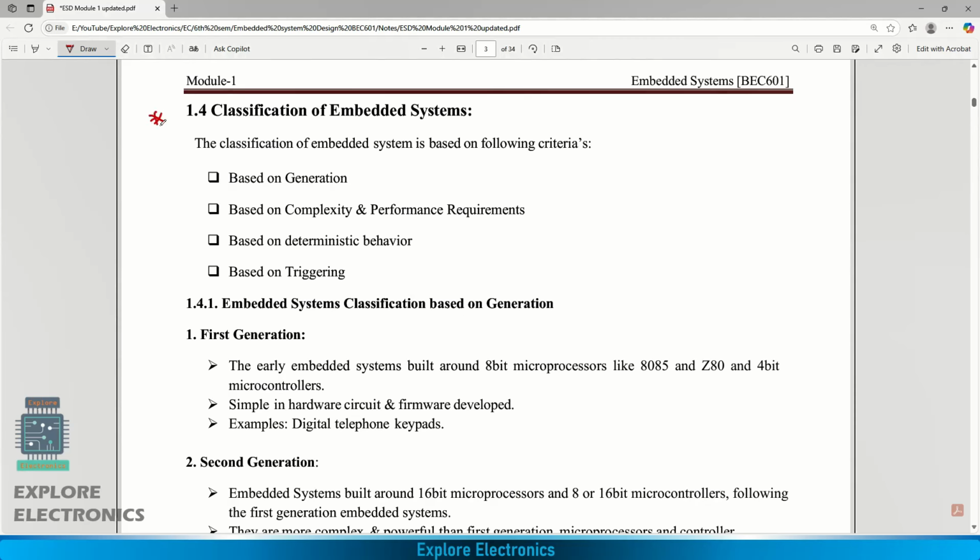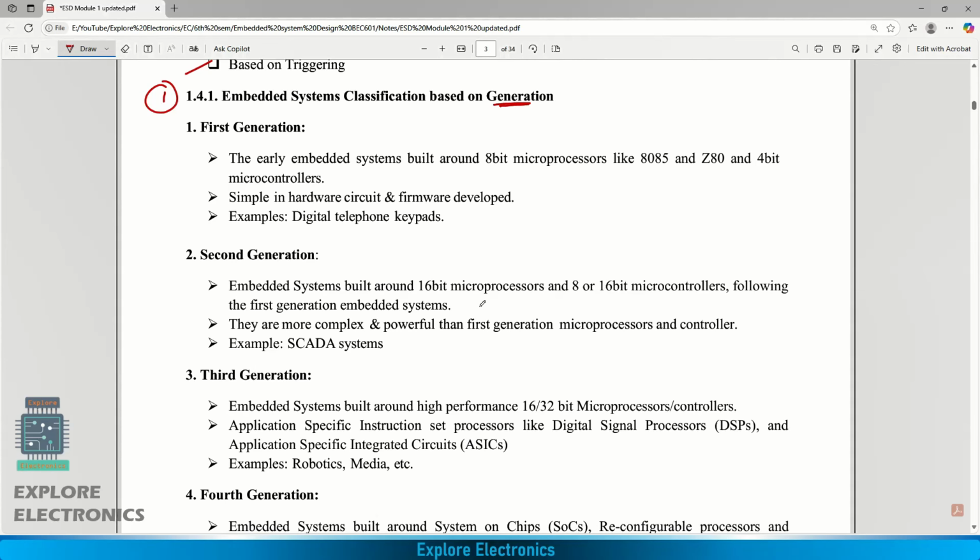So then comes the classification. This is also very important. You can classify based on the generation, based on the complexity and performance requirement, based on the behavior, and based on the triggering. The very first thing is based on the generation. We categorize embedded systems as first gen, second gen, third gen, fourth gen, like that. What is first generation then?